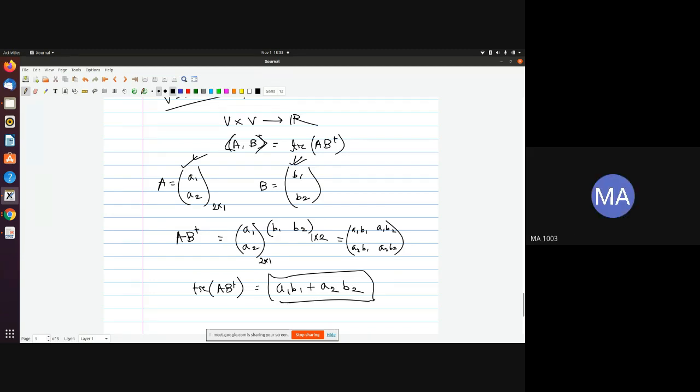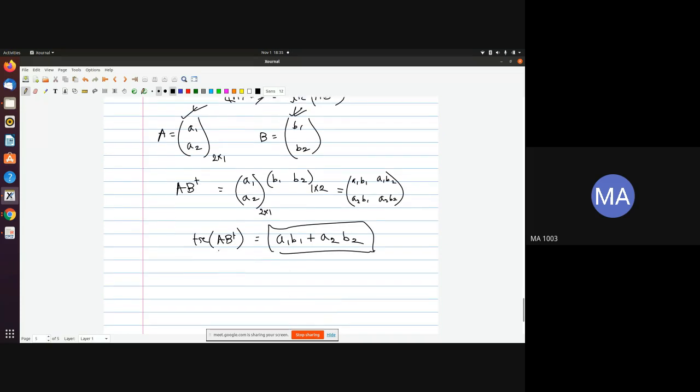A1 A2 and B1 B2. If we take the dot product, we get A1 B1 plus A2 B2. This is exactly the dot product of those two vectors, and it is an inner product. If you check all the properties, you will get that.